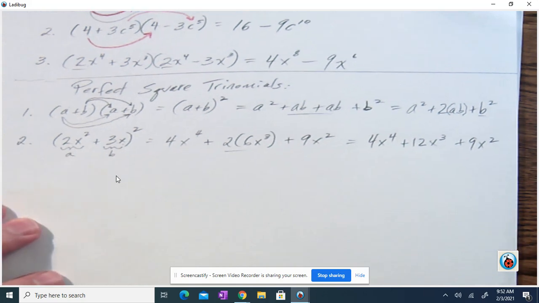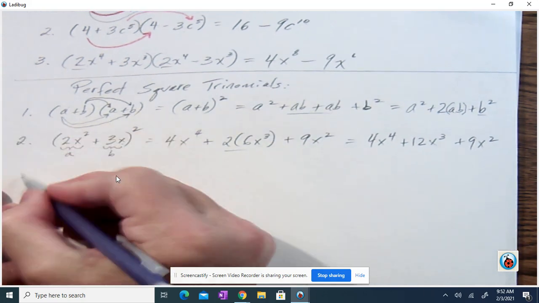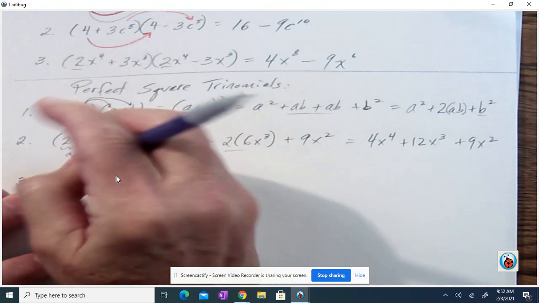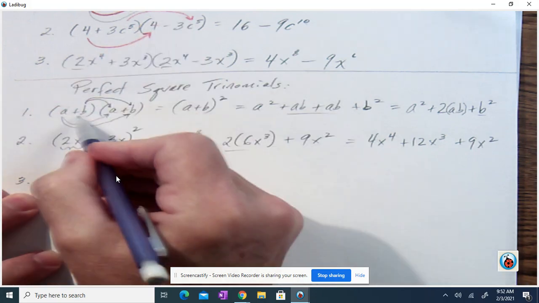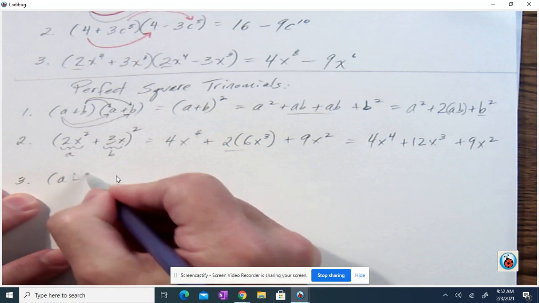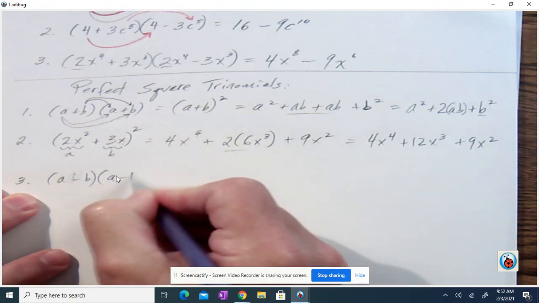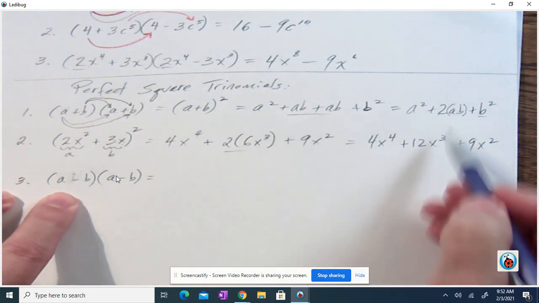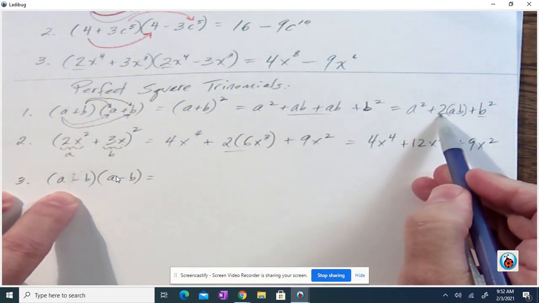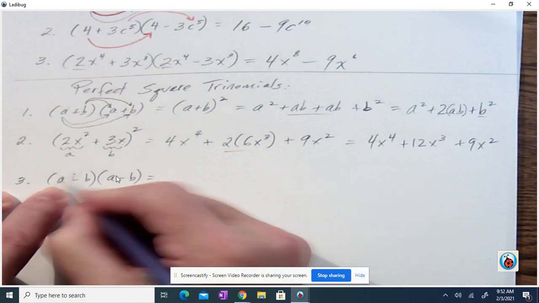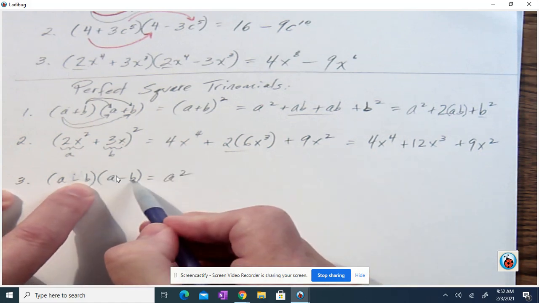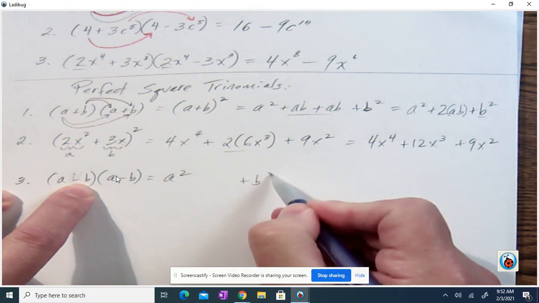Now you could have a minus sign in here. Instead of a plus b, maybe it's a minus b and another a minus b. That's going to be the same, except that sign is going to be the opposite. When you do a times a, you still get a squared. And when you do minus b times minus b, you still get plus b squared.